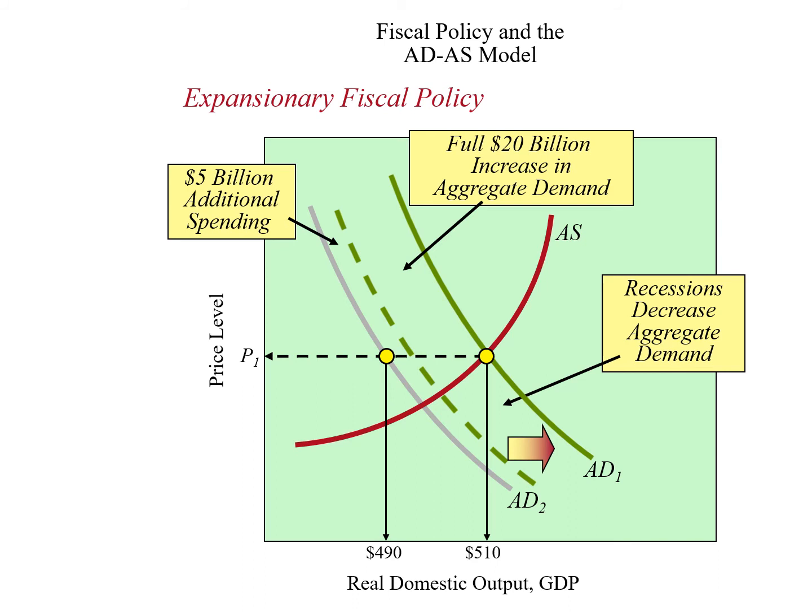Now, what about the other option? What if the government decides, you know what, we're not going to increase government spending. What we would like to do is cut taxes. Remember, that's one of the other expansionary fiscal policy options.